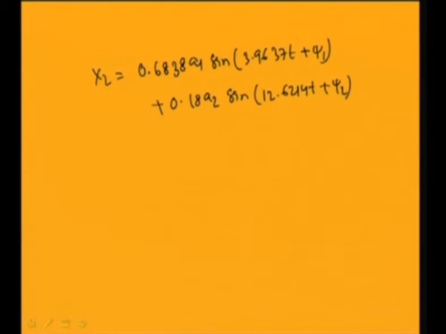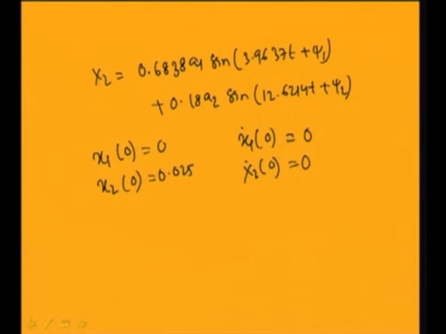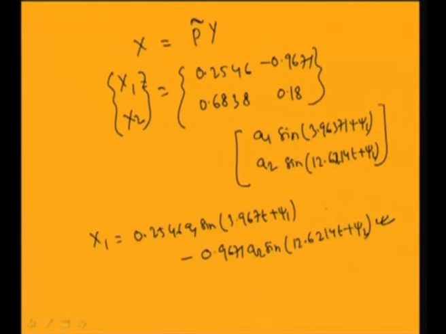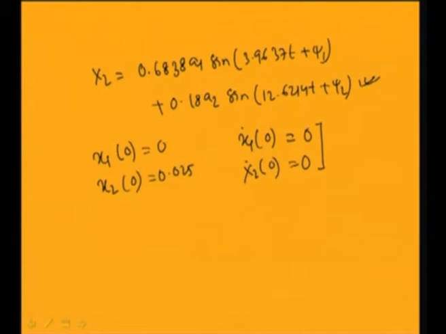As the initial conditions are given, x1 at t equal to 0 equal to 0, x2 at t equal to 0 equal to 0.025, and x1 dot at t equal to 0 equal to 0 and x2 dot at t equal to 0 equal to 0. So by substituting in this x2 and the previous x1 expression, one can obtain the constants a1, a2, psi1 and psi2.